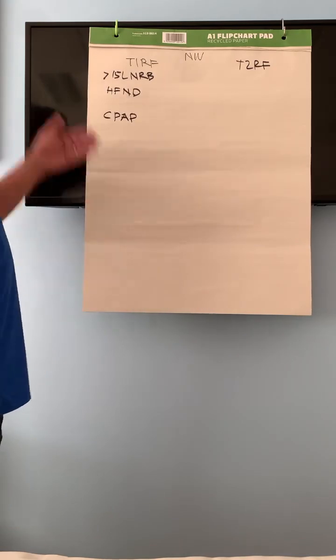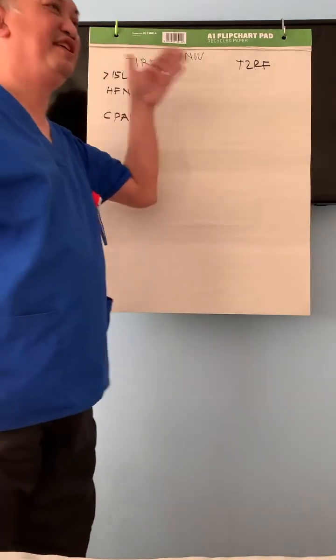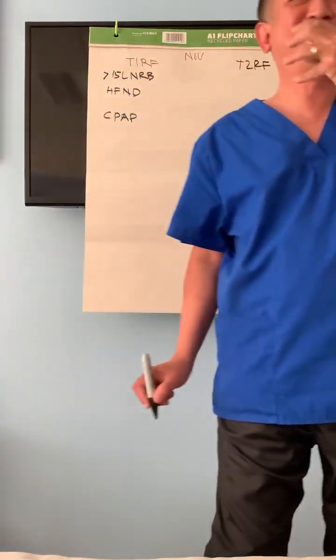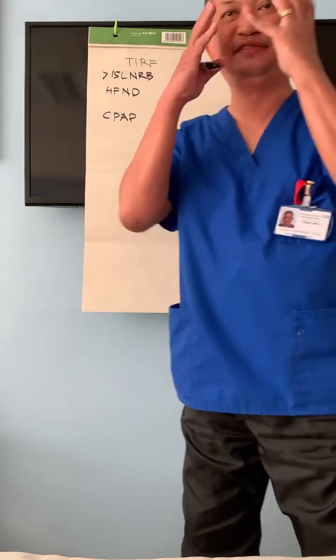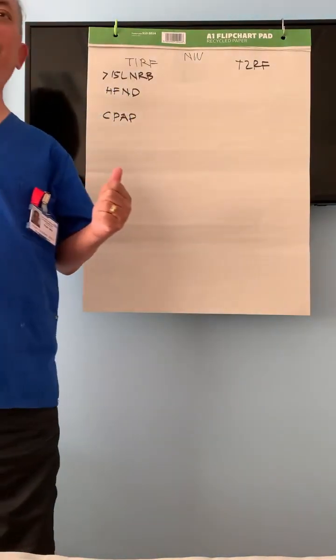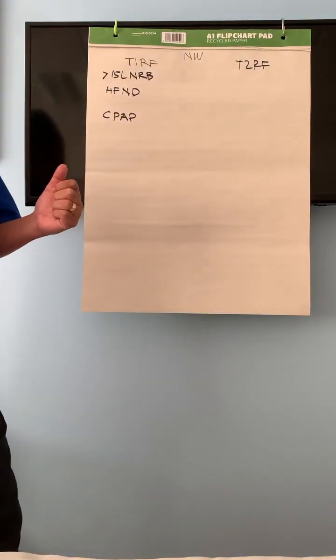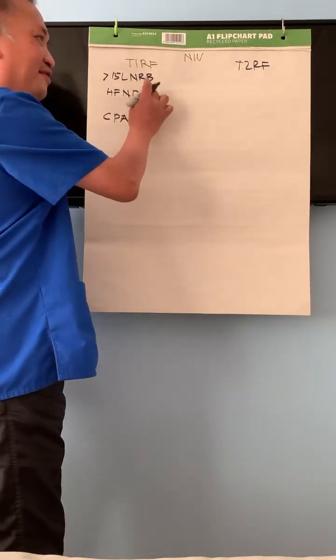High flow nasal oxygen, CPAP. The advantage of high flow nasal oxygen is that the mask is not tight, not as tight as CPAP. With CPAP we know it's a very tight mask, like a fighter jet pilot mask. It's more uncomfortable than that, I think. So the advantage here is that it's comfortable.